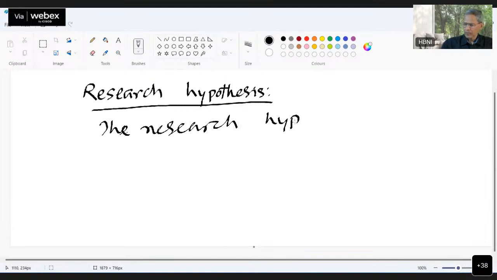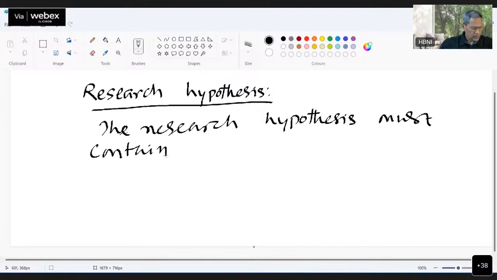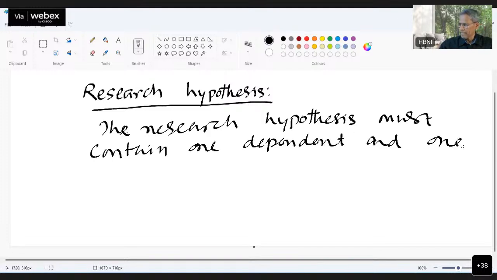The research hypothesis must contain, this is important, one dependent and one independent variable.